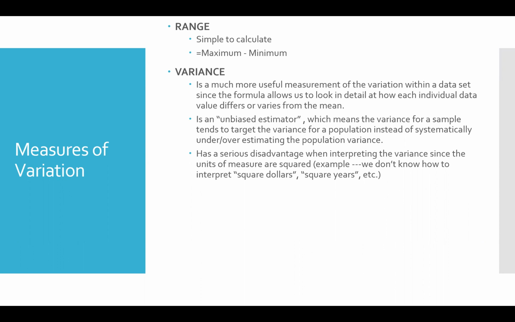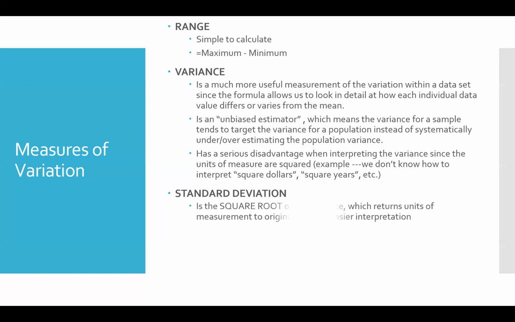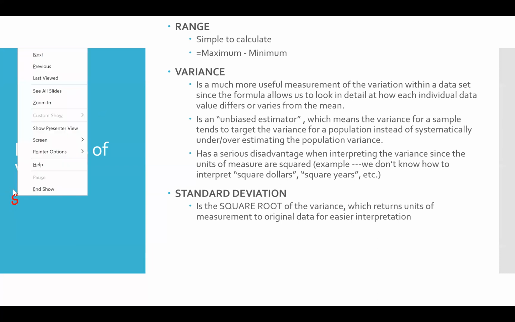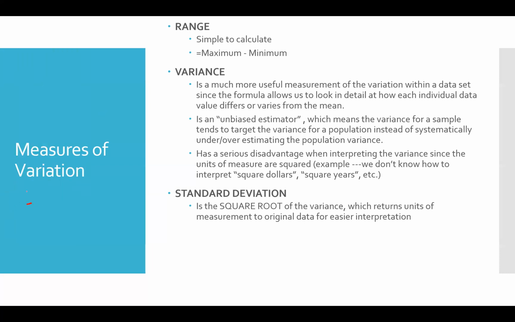So it's difficult to interpret. Instead, more times than not, we're going to use the standard deviation. The standard deviation is the square root of the variance. So if I'm looking for the standard deviation, okay, let's see, it's not going to let me right there.